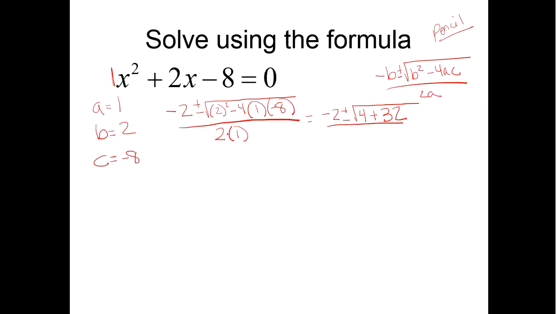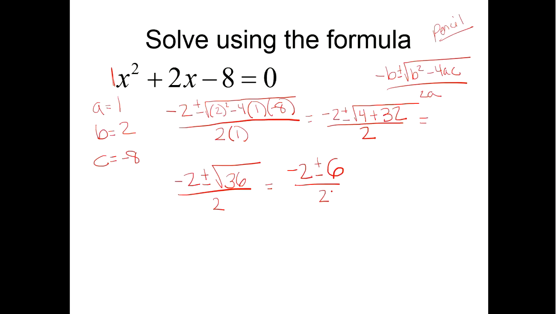Then I'm going to have 2 times 1 on the denominator, which is just 2. Now let's figure out what's under this square root. I have negative 2 plus or minus the square root of 4 plus 32, which is 36, right? Divided by 2. So this is negative 2 plus or minus the square root of 36, which is 6, divided by 2.